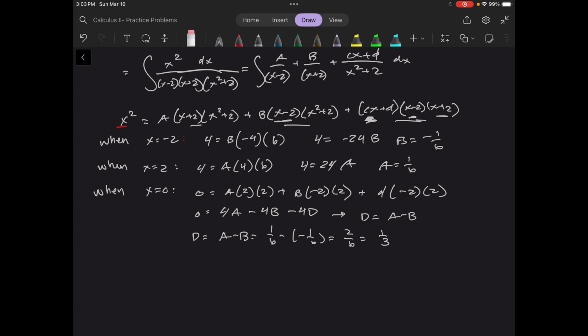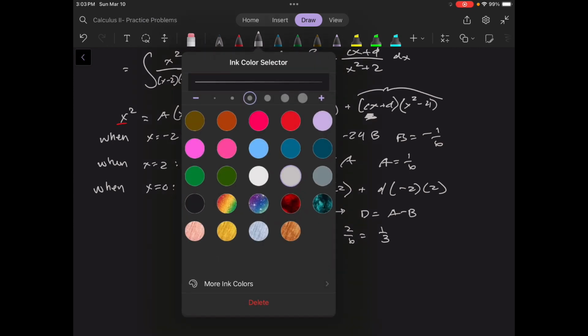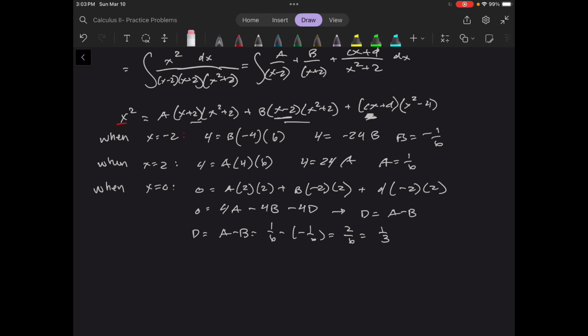So what I want to do is rewrite all of this over here as x squared minus 4. That way we only have to FOIL once. So this term over here, if you were to FOIL it out, actually, let me bring it down here. cx plus d times x squared minus 4 turns into cx cubed plus dx squared minus 4cx minus 4d, right?